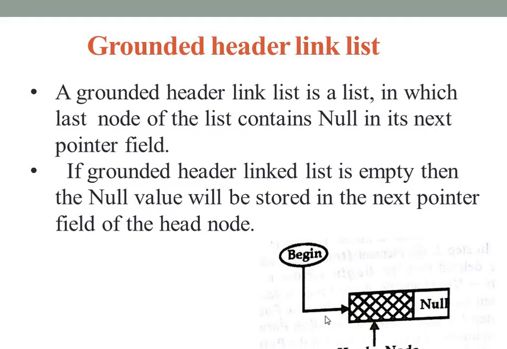You have only the header node, and the header node will have the next pointer field as null because there is no other node present in the list. So there are two cases. If more than one node is there, the last node's next pointer value will be null, and if it is an empty list, then the header node's next pointer value will be the null pointer.